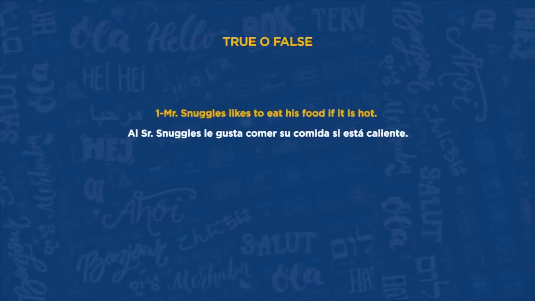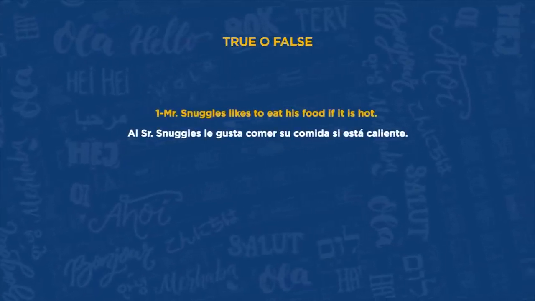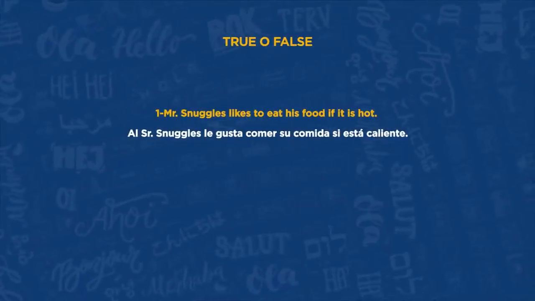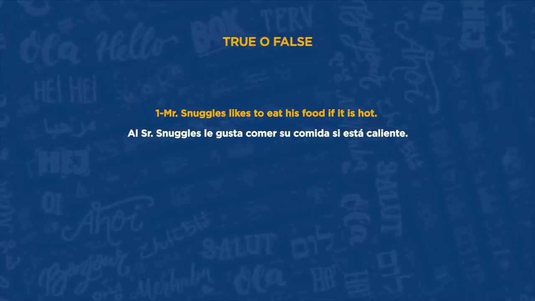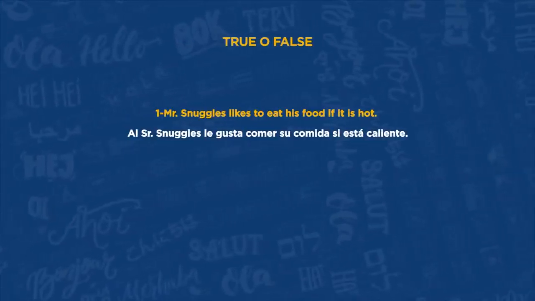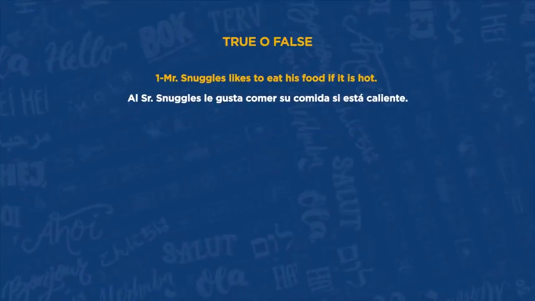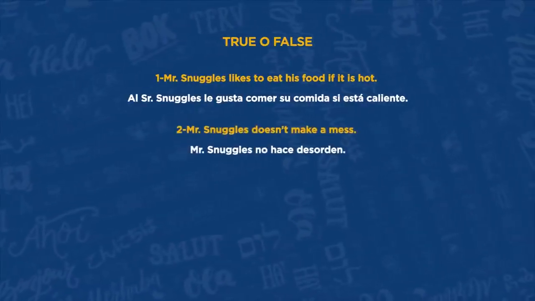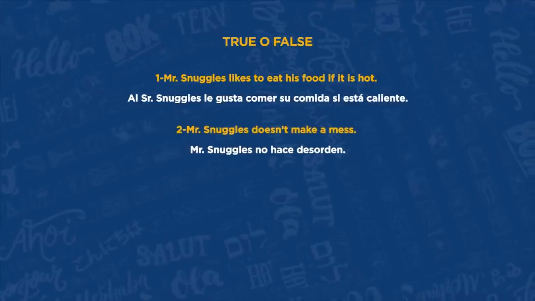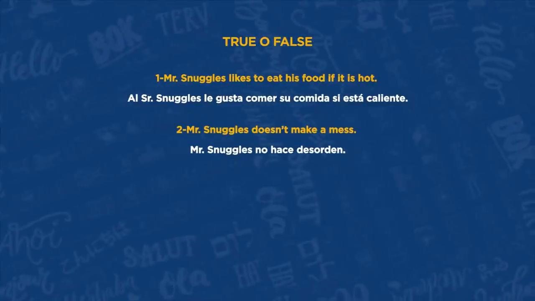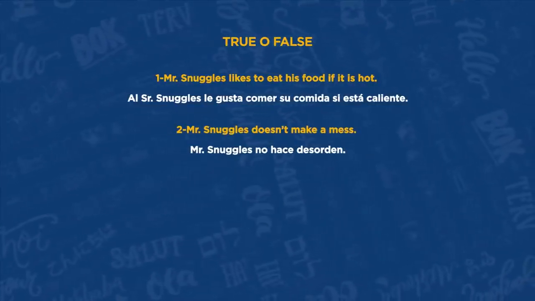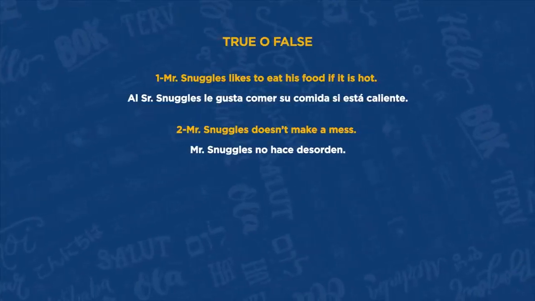1. True or false? Mr. Snuggles likes to eat his food if it is hot. Al señor Snuggles le gusta comer su comida caliente. 2. True or false? Mr. Snuggles doesn't make a mess. El señor Snuggles no hace desorden. 3.